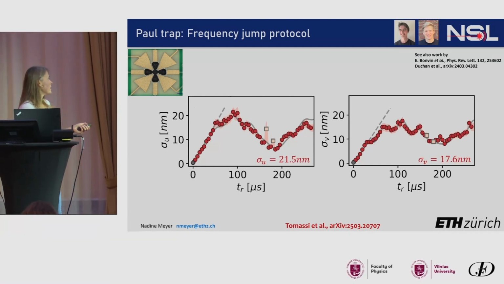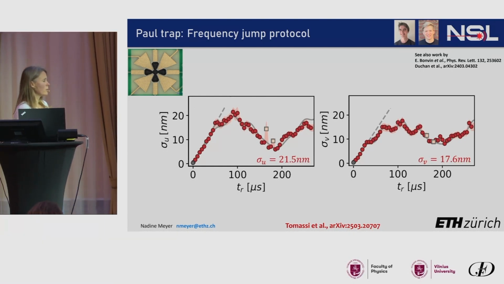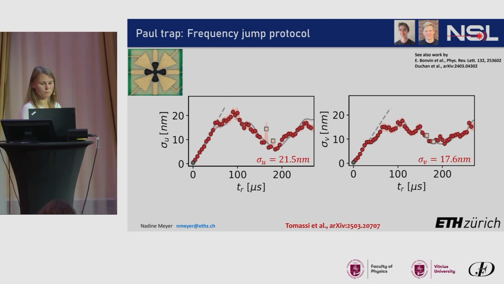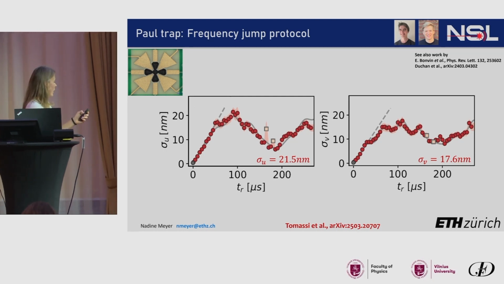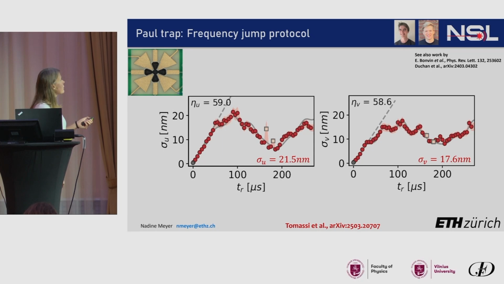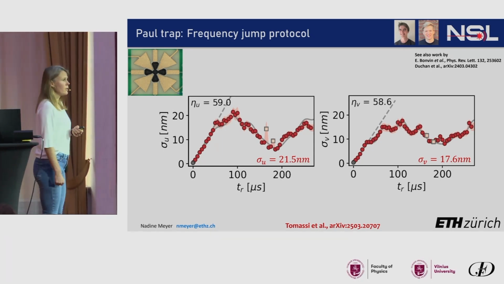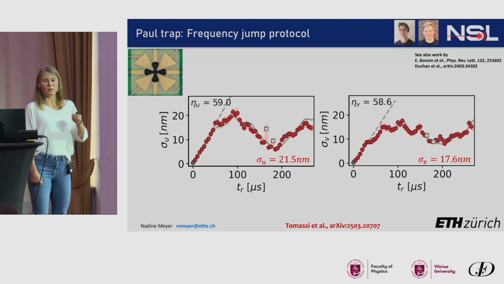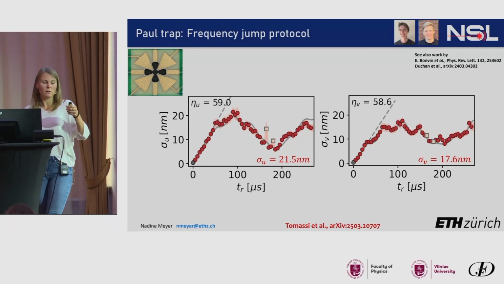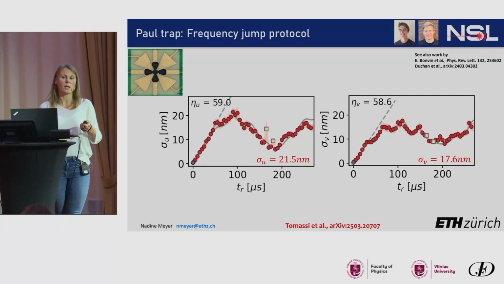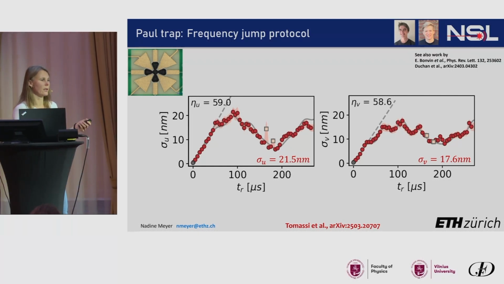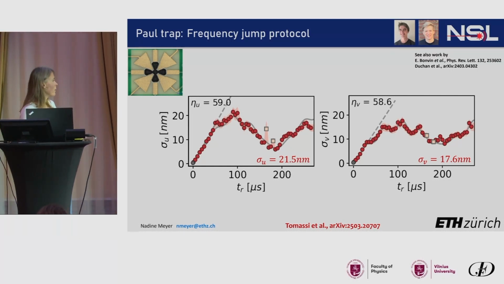This maximum state size is around 20 nanometers in both cases. Good. And the relative expansion ratio in this case is around 60, and this is also due to the fact that our initial state in this direction was much larger than, for example, along the optical axis that I discussed with you before.